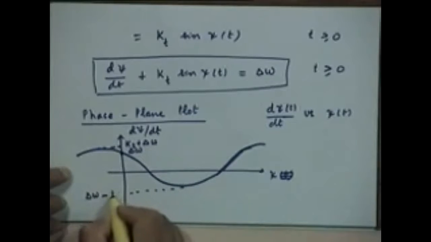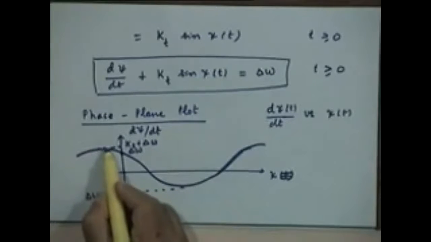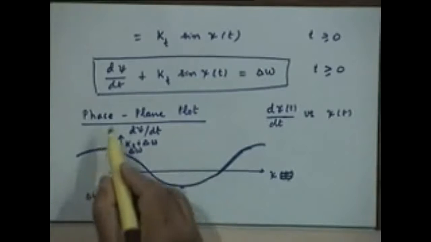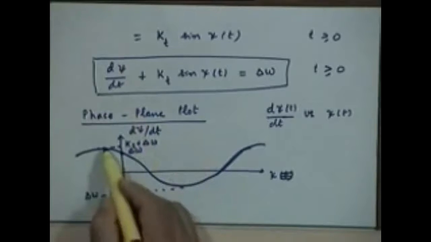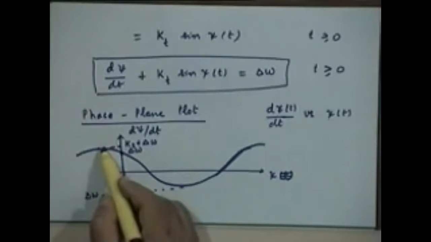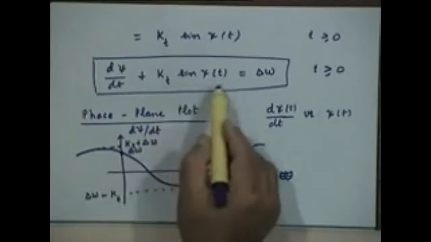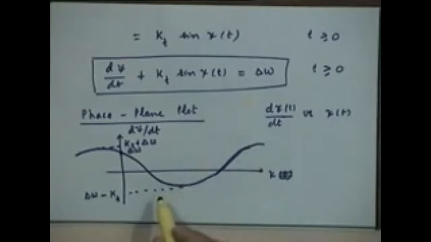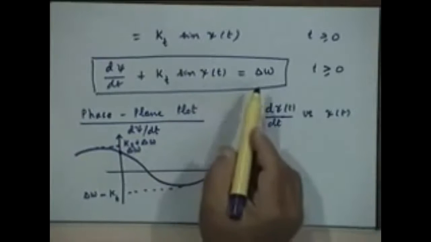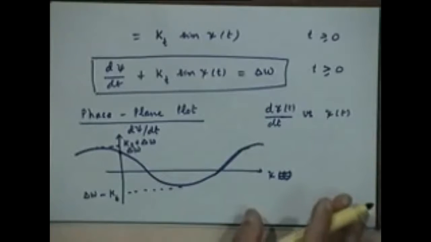Delta omega minus k_t. Can you all see this? At these 2 points d psi by dt becomes 0. So, at one point it will be k_t plus delta omega, at the other point it will be delta omega minus k_t. So, this is the phase plane plot.